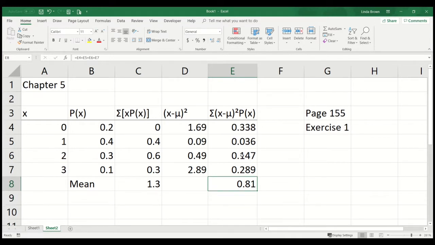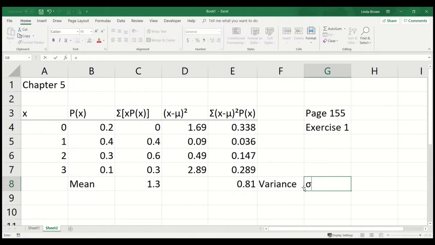Of course, you can auto sum there, put it into your calculator, whatever you prefer. So 0.81 will be our variance, which is represented by that little sigma symbol. If you want to know how to do the sigma symbol, it's Alt 229. And if you want to do the squared symbol, it's Alt 0178. So then you have your variance symbol there.